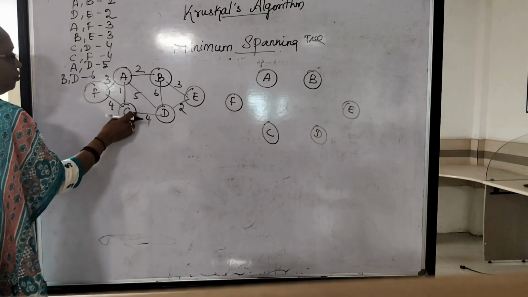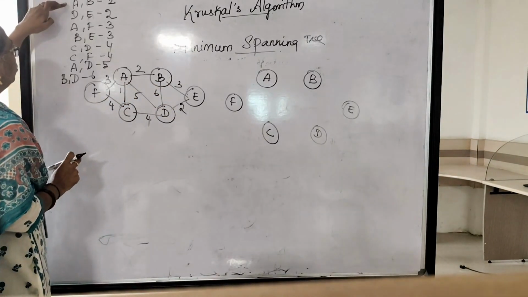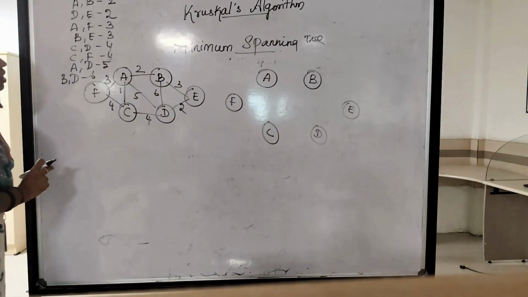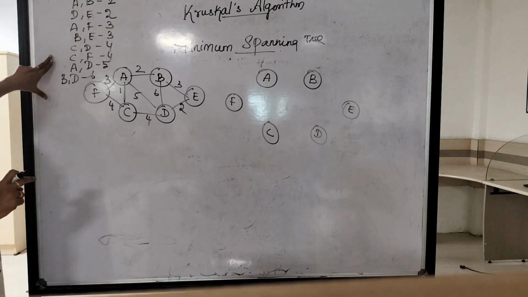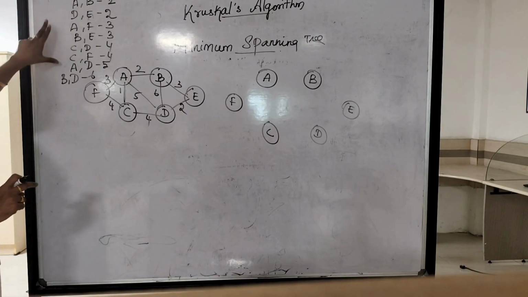So there are 9 edges, and now I have sorted all the edges according to their cost in ascending order.